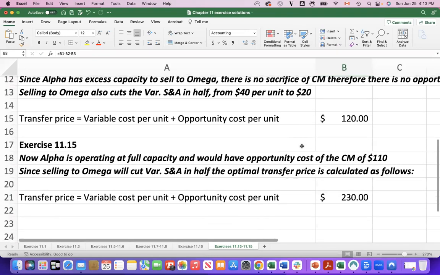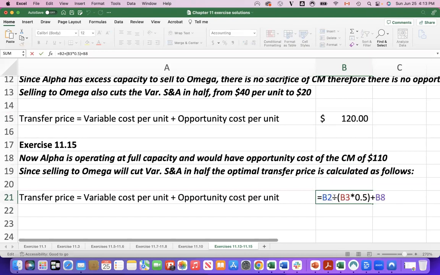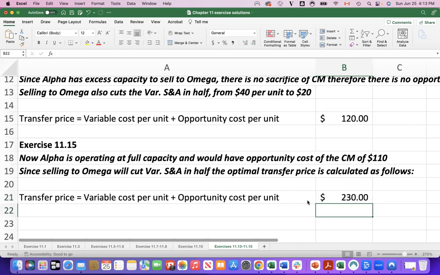Because of that, they have to include that in the transfer price here to make themselves whole. Therefore, the price that they charge is not the 120 that we calculated in 1114, it's $230. It's the 120 in variable cost per unit plus that opportunity cost, which is the contribution margin Alpha would generate if they were to sell these units externally as opposed to internally to Omega. So they have to charge them the full freight, full contribution margin. That's why the transfer price here would be $230.